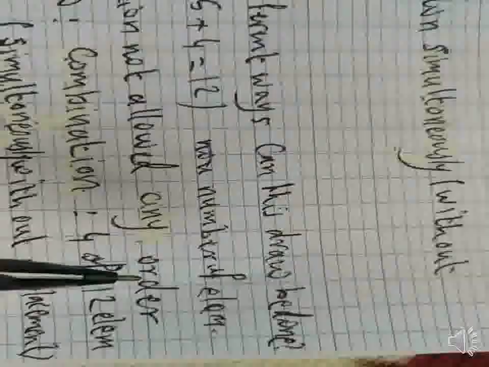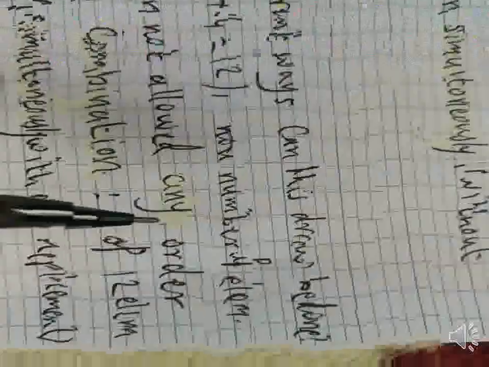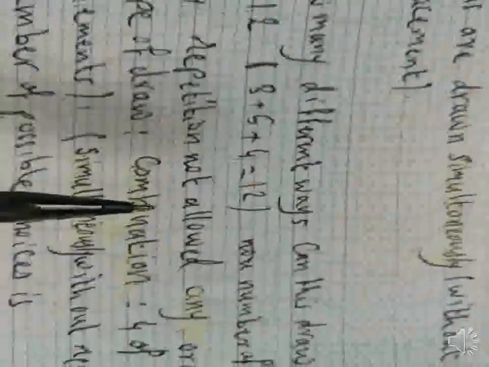So the type of drawing now is a combination, not arrangement. It is a combination of 4 out of 12 elements. So N is 12, P is 4, repetition not allowed, and any order.